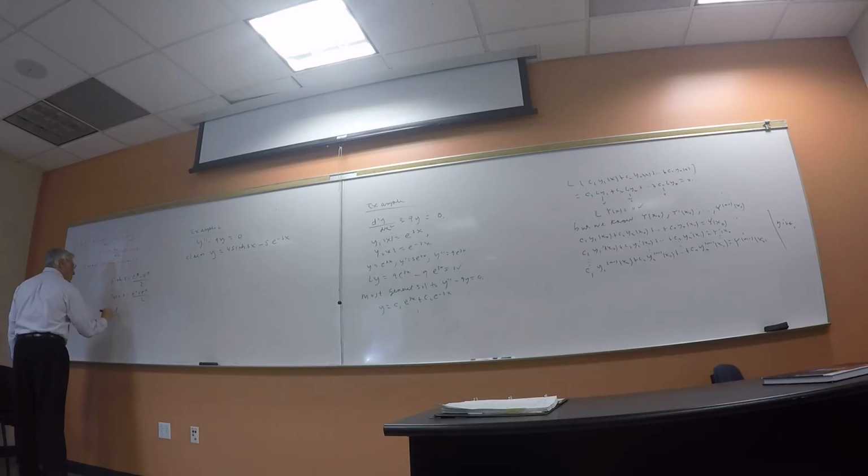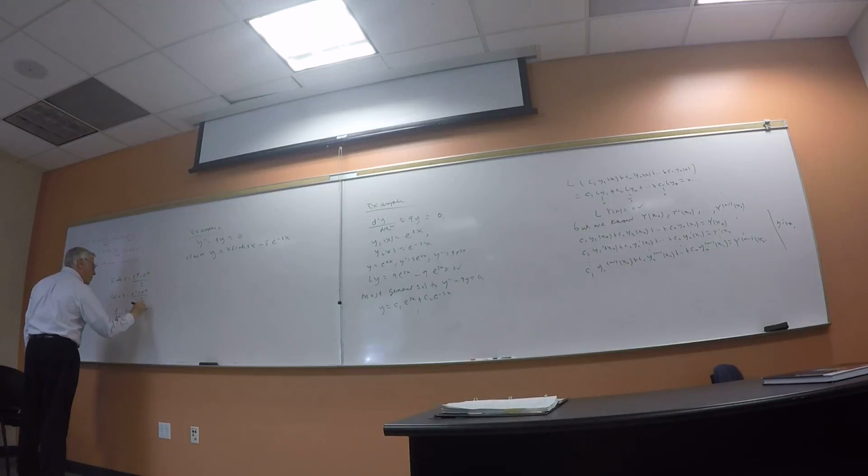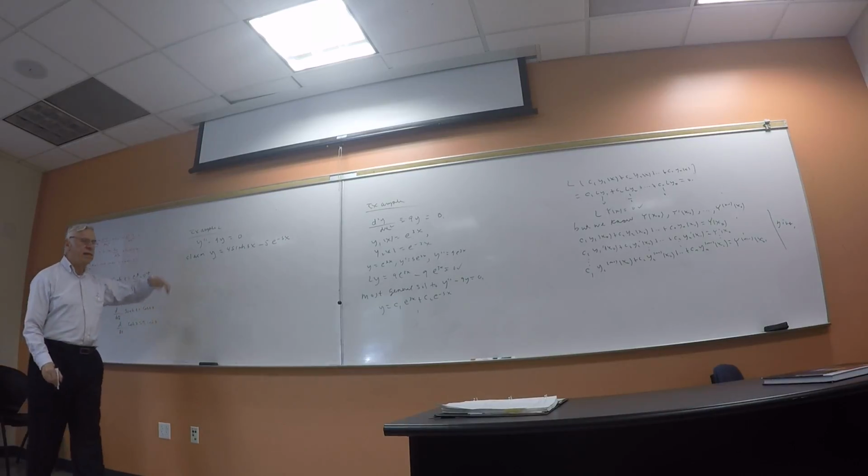You know how to differentiate exponentials, so you'll find that the derivative with respect to z of the hyperbolic sine of z is the hyperbolic cosine of z, and the derivative with respect to z of the hyperbolic cosine of z is hyperbolic sine. There's no sign change. Because we need that over here.